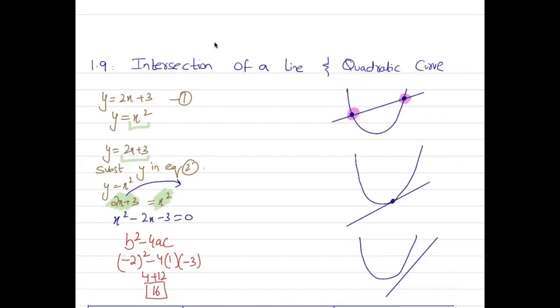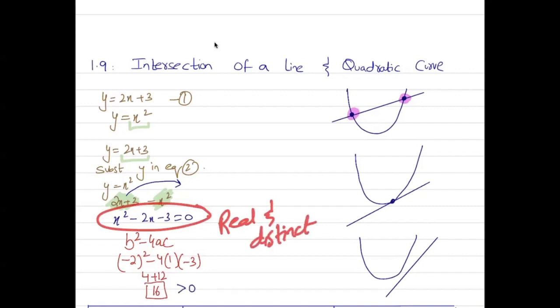Joel, are you getting 16? Sir, it's 16. Right. Yes, sir. So that means that the discriminant is greater than 0. If the discriminant is greater than 0, what can you say about the nature of the roots of this equation? Real and distinct. Real and distinct roots. Okay. If the roots are real and distinct, that means that the line is going to intersect the curve at 2 points. Are we getting the idea?